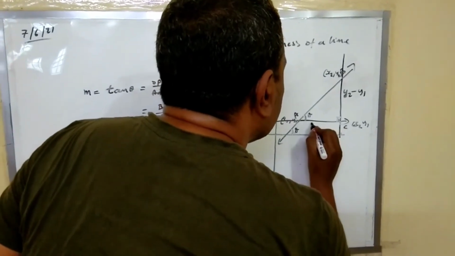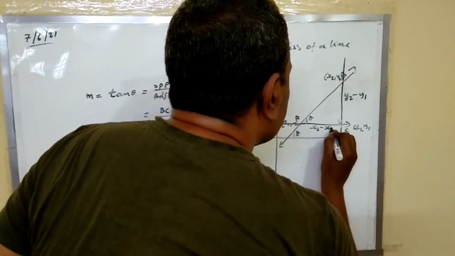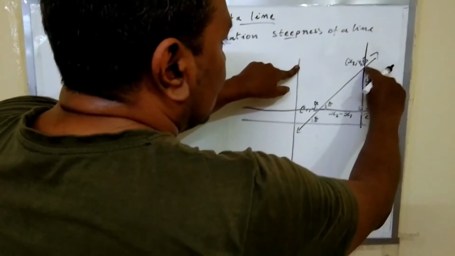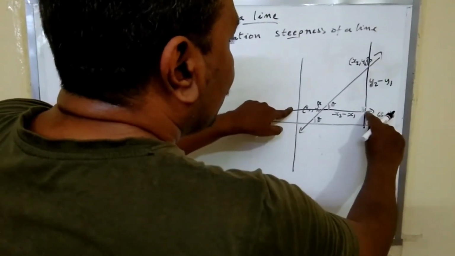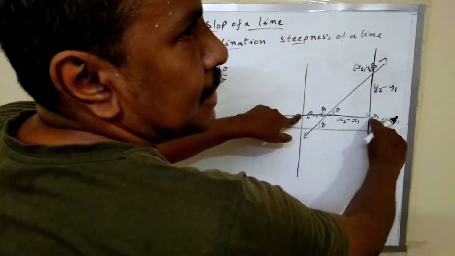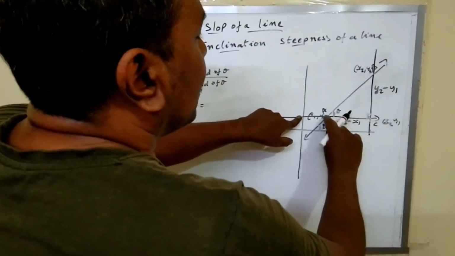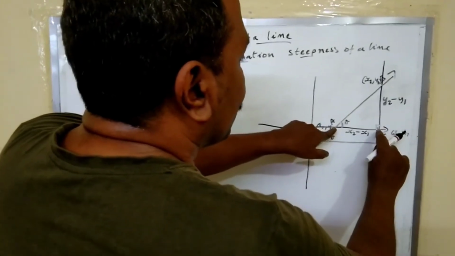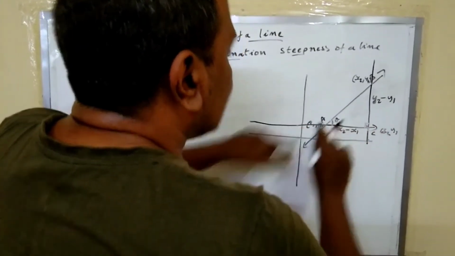So AC is equal to x2 minus x1. Understood? From here to here the distance is x2, and from here to here also x2, from here to here x1. So AC is equal to x2 minus x1.